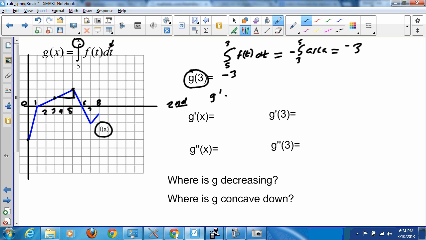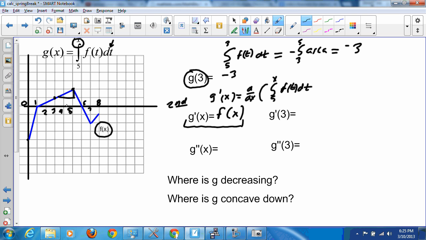G prime of x is equal to the derivative of the integral from 5 to x of this. So hopefully you recall that when you're taking the derivative, in this case, all you have to do is replace the t with the variable x. So once you see that, this is a pretty easy problem. So the derivative of g is equal to f of x, which we have graphed.